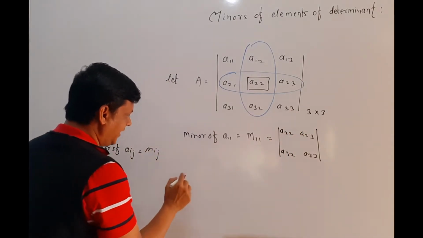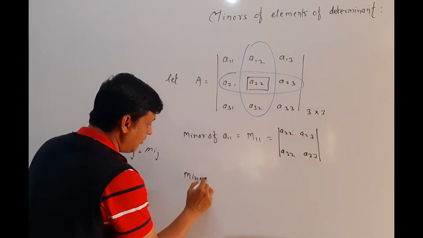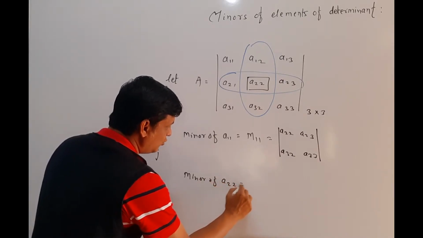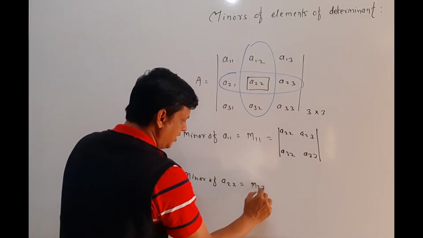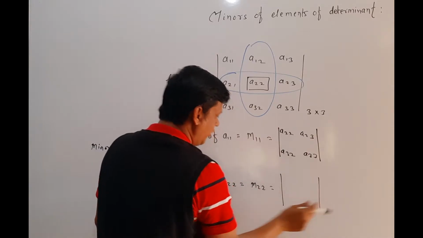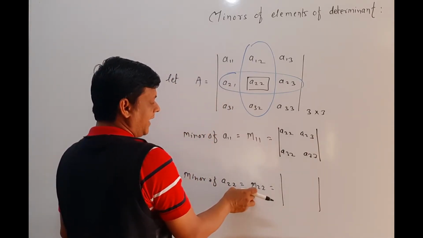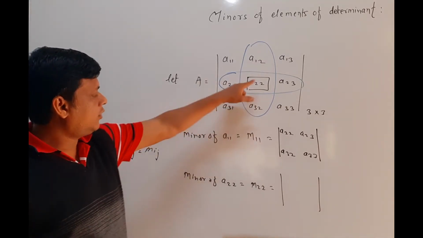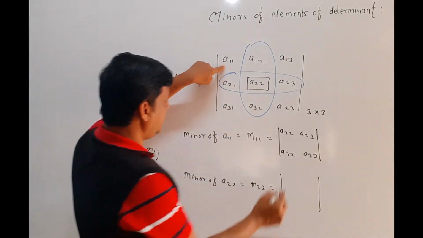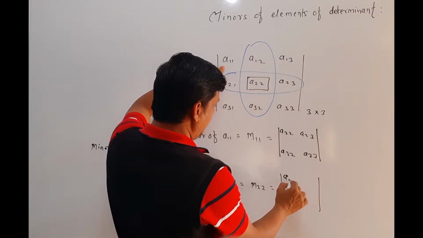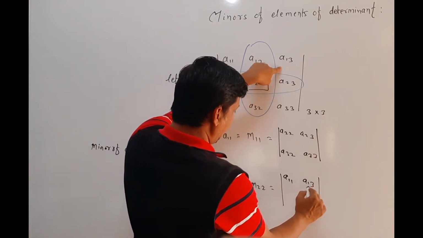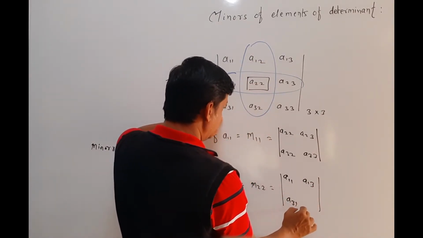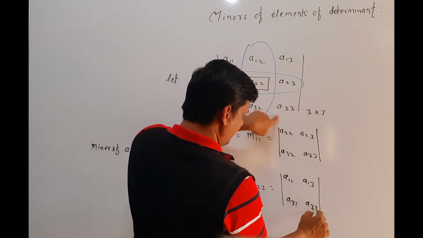So we write here the minor of a22 is equal to M22, and the value of that minor is the determinant of the elements a11, a13, a31, a33.